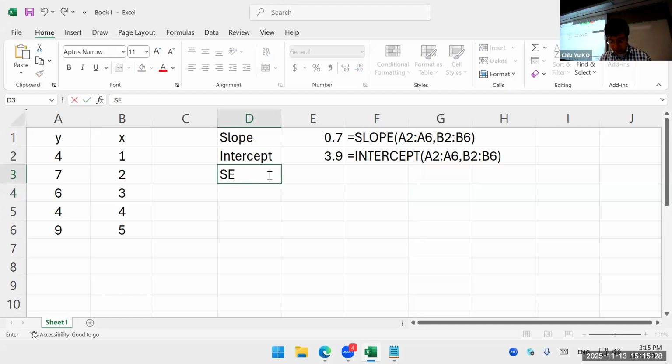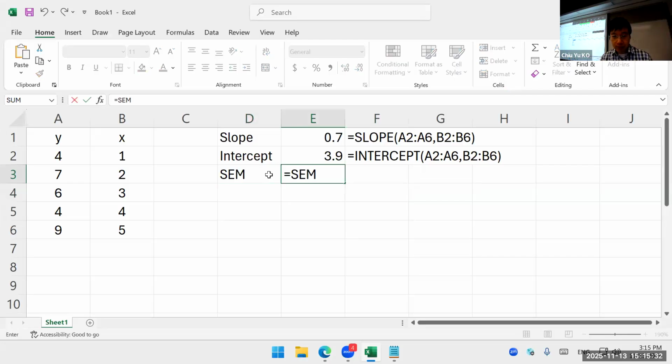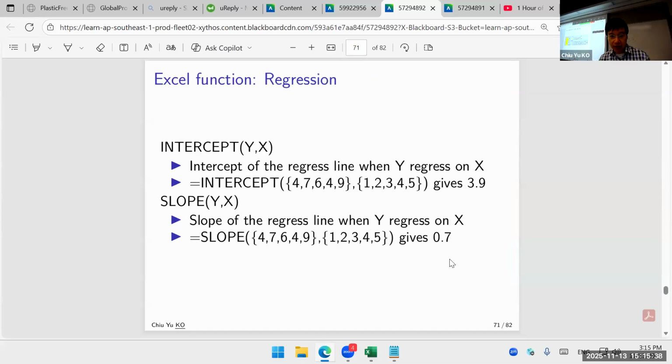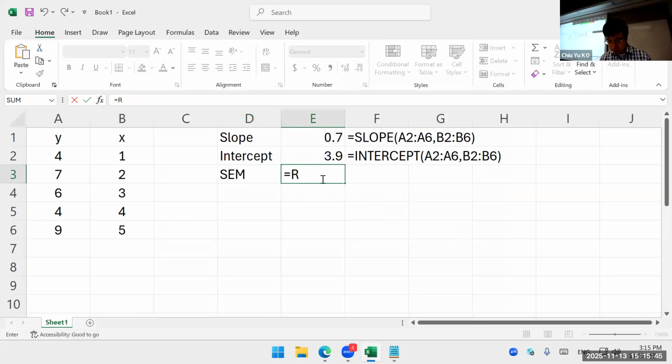Let me see if I can quickly show you the formula for the standard error of estimate, SEM. I forgot the code. Let me check. STEYX. STEYX will be this and this.